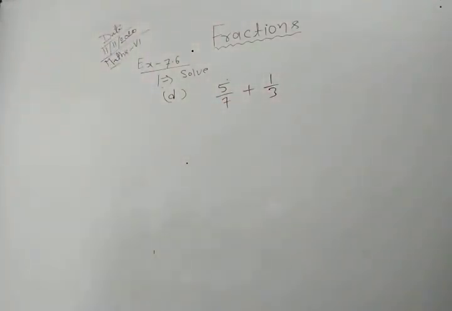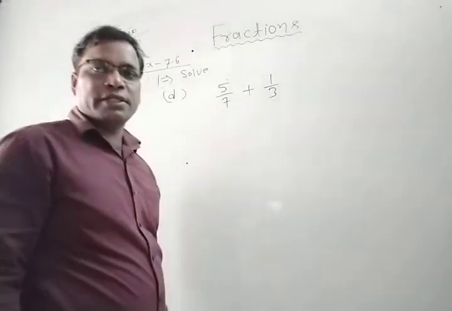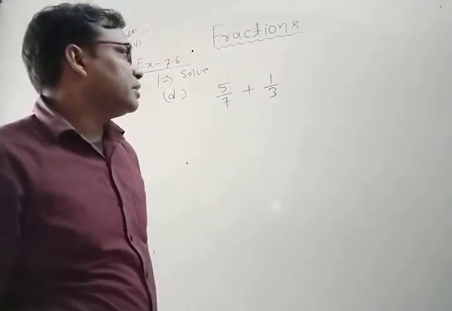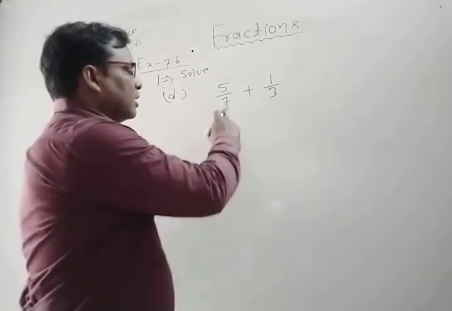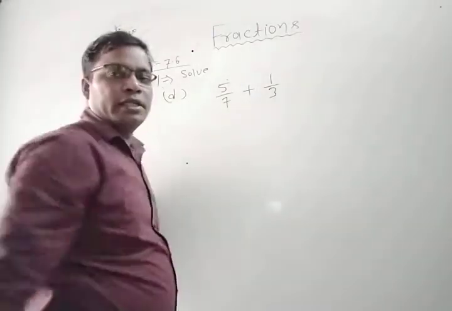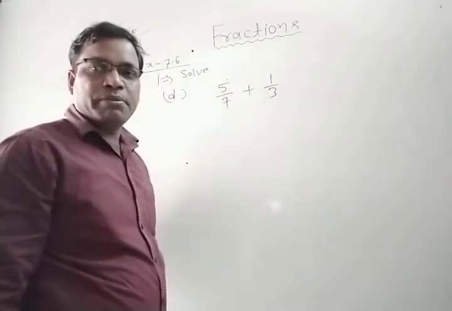In this question you can see that both fractions are unlike fractions because their denominators are not equal. 7 and 3 are the denominators of the first and second fractions, and both are prime numbers.